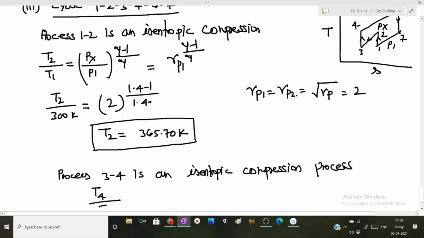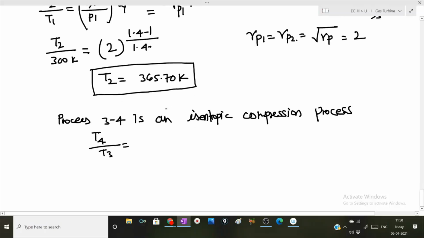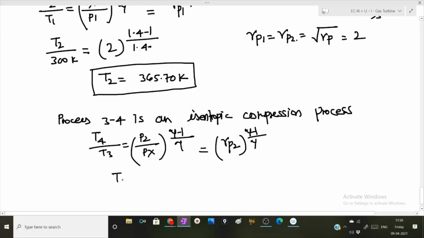T4 over T3 is equal to the pressure ratio P2 by Px to the power gamma minus 1 over gamma. This pressure ratio is nothing but Rp2. We have assumed perfect intercooling in this case. Under such condition, T3 will be equal to T1, which is equal to 300 Kelvin. Perfect intercooling.